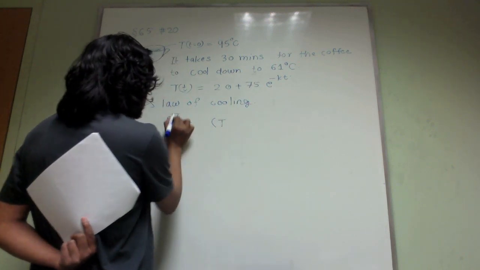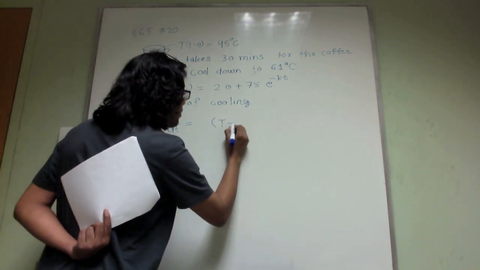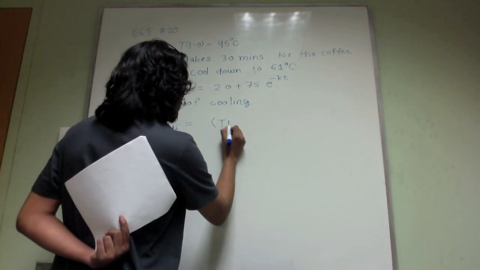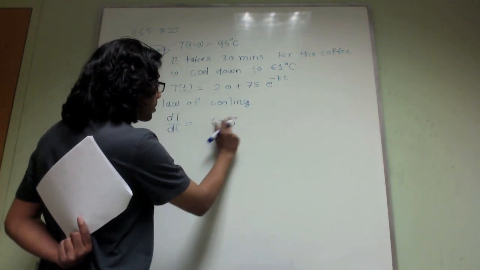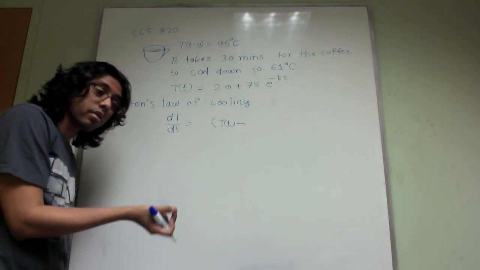So dT/dt is proportional to T(t) minus the steady state temperature of the coffee.